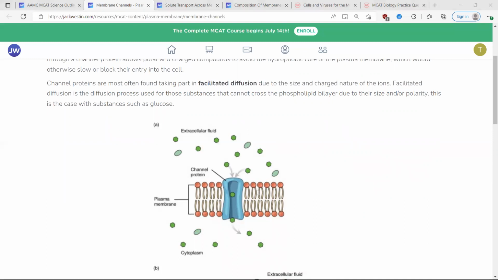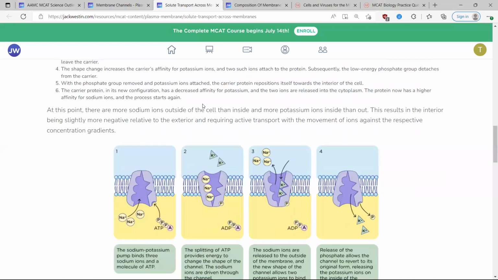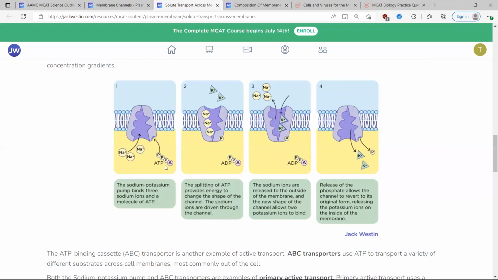So again, this bilayer right here is hydrophobic, but the protein channel here is hydrophilic. So it's providing an alternate route for the stuff to go through, but it is not involving any energy. It's not using any energy to allow things to go through. If it was using energy to allow things to go through, then we call that a pump, not a channel.